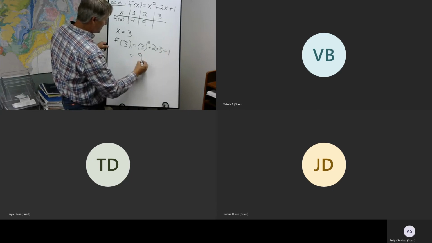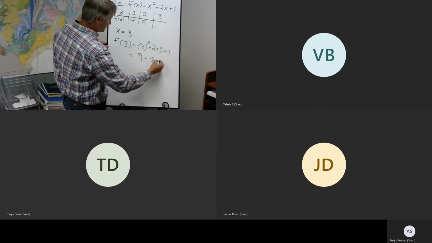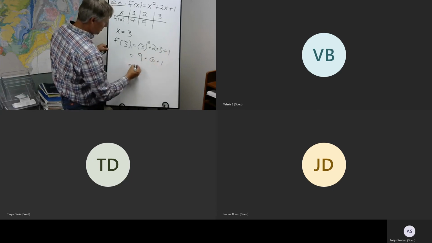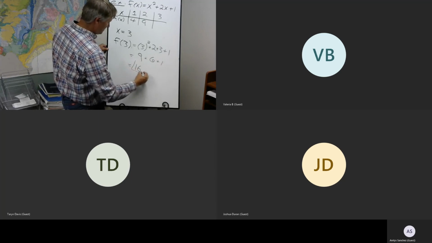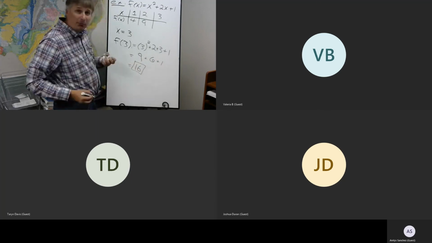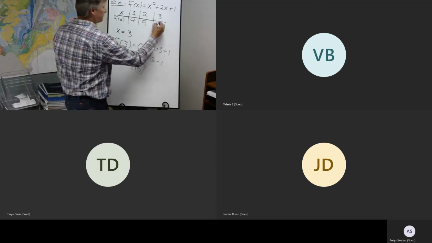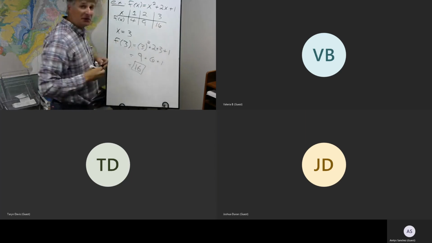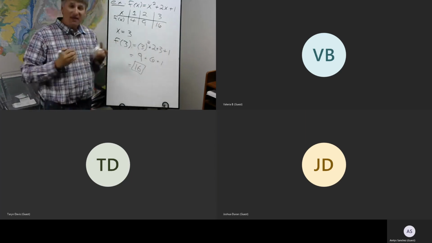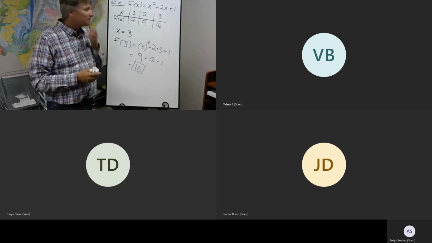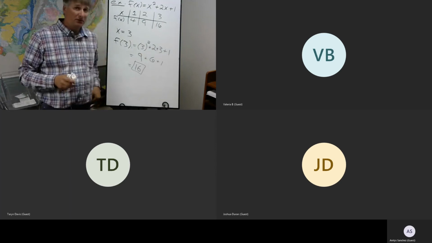So 3 squared is 9. This is 6 plus 1, or this will be 16. So for an input of 3, we get an output of 16. And that's the idea of function notation. Any questions about that?